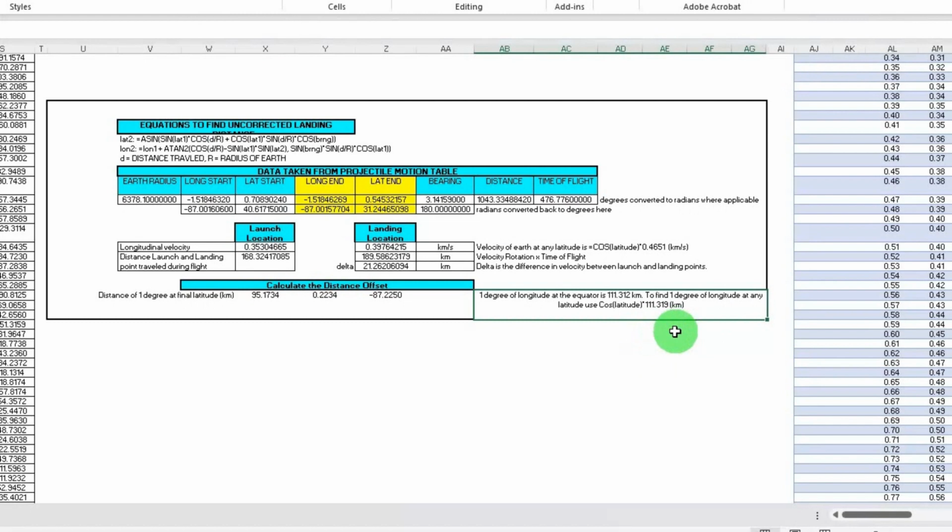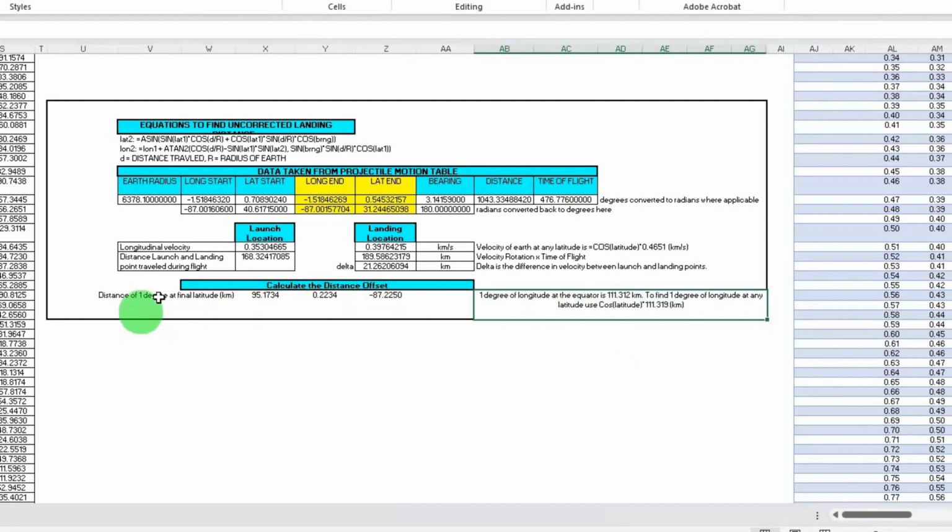So cosine of 0 at the equator, you get 1, and you get 1 degree of longitude at that point is 111 kilometers. And then you just adjust that.